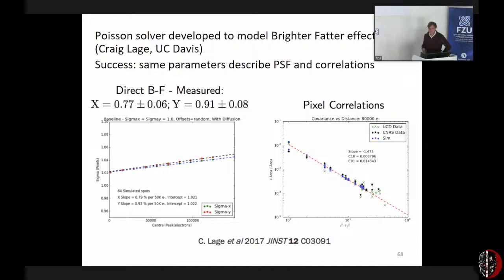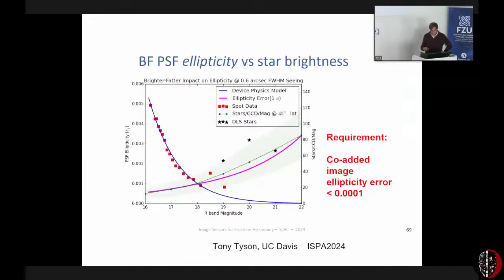As I said, we want to know ellipticity to very good precision, 10 to the minus 3 or even 10 to the minus 4. That's a study by Tony Tyson, who argued that the ellipticity needs to be known to 10 to the minus 4.